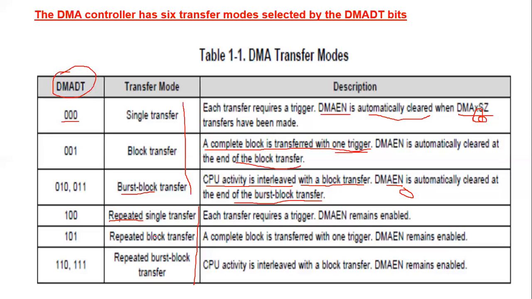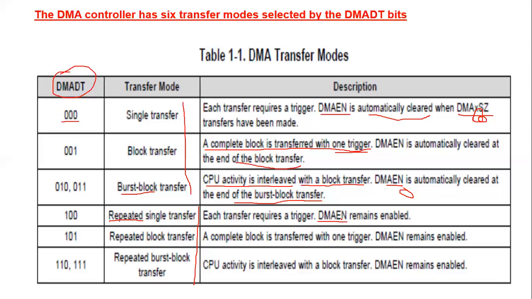Then come to repeated. Repeated means if DMA enable is 1 and you go on triggering, the data will go on being transferred. Depending upon DMA enable, if DMA enable is 1, the data go on transferring.